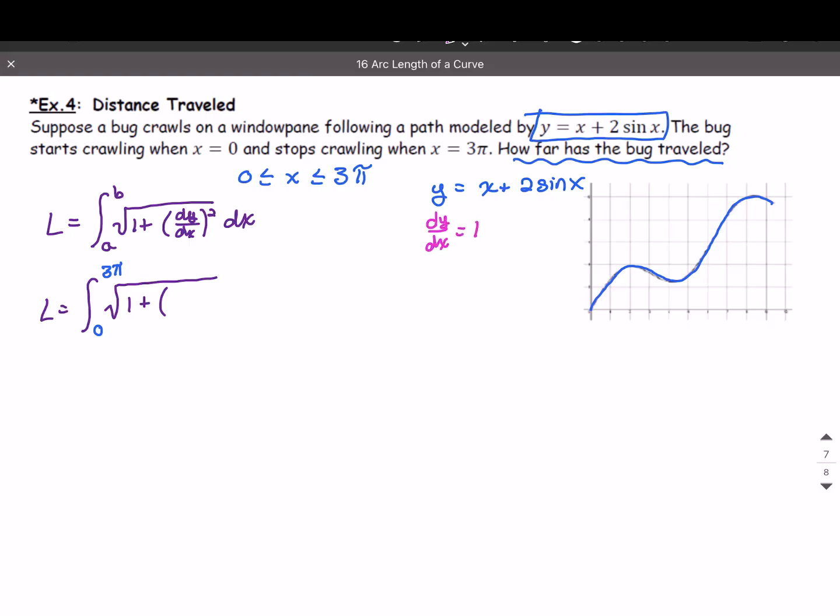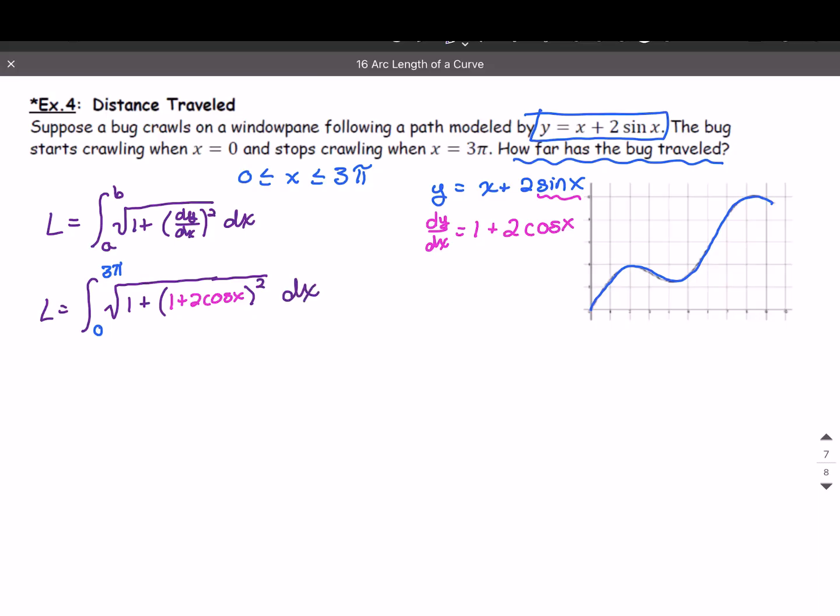The derivative of x is 1, plus 2 times the derivative of sine x, which is cosine x. So we'll have the quantity 1 plus 2 cosine x. Don't forget to square that, extend my radical, dx.